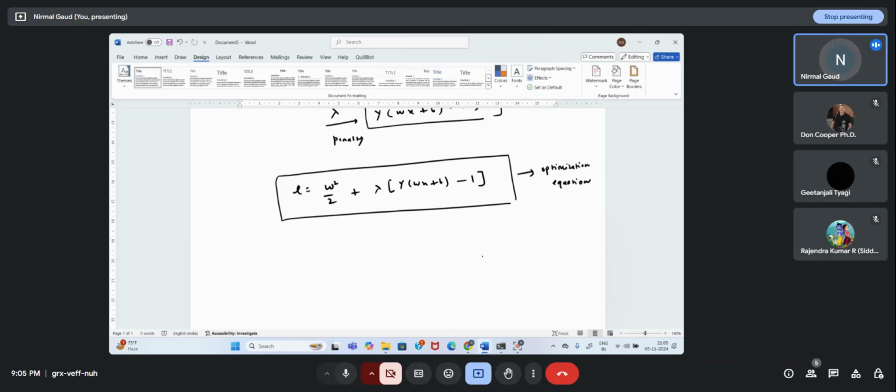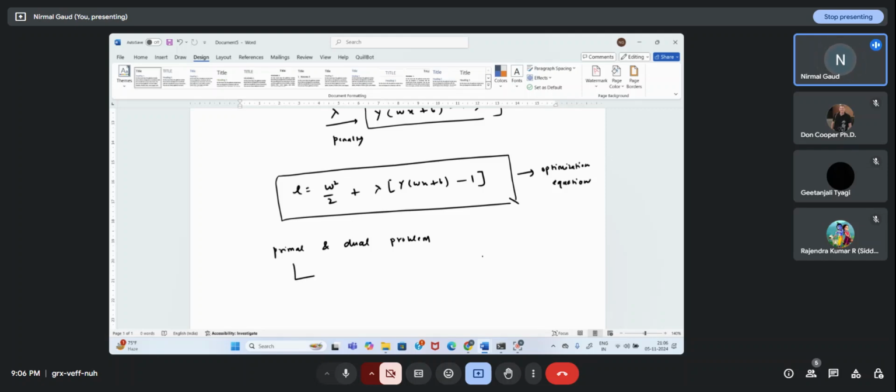But before doing, let me introduce you to a few more terms. In optimization, we have seen we are having constrained and unconstrained. In optimization, we do have some more things. We are having a primary problem and a secondary problem that are called primal and dual problem.